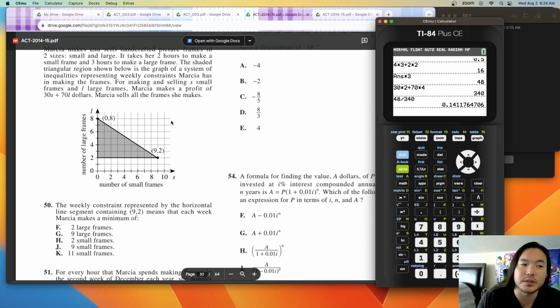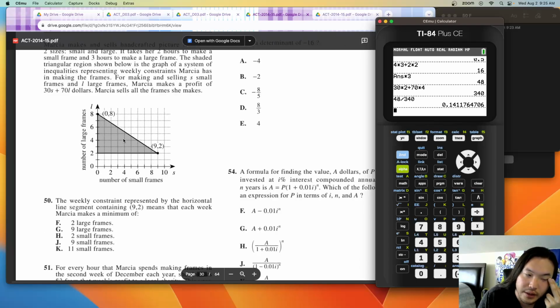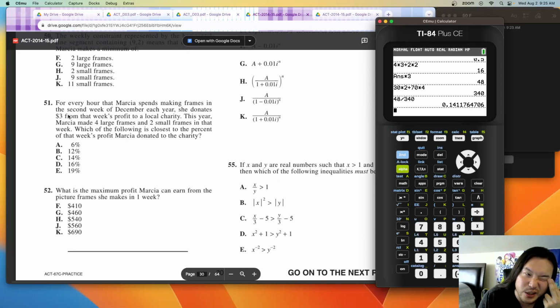And then they also say up here that each small frame takes 2 hours and each large frame takes 3 hours. So the 4 large frames took 12 hours and the 2 small frames took 4 hours for 16 hours total. And then the word problem also said that she donated $3 for every hour that she worked. So if she worked 16 hours and she donated $3 for each hour, you can do 16 times 3 to get 48.